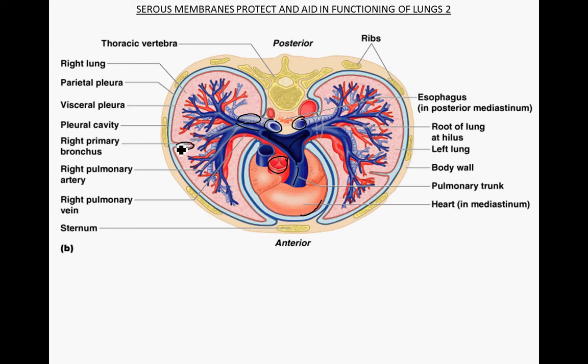On the surface, in red here, is the visceral pleura, here's the parietal pleura, and then there would be pleural fluid in between there. Notice that this visceral pleura here becomes continuous with this membrane that's the outer one of the heart, and if you're good, you'll remember what that membrane is called, and then there's a membrane that's on the surface of the heart as well. Not the pleural membranes, though.